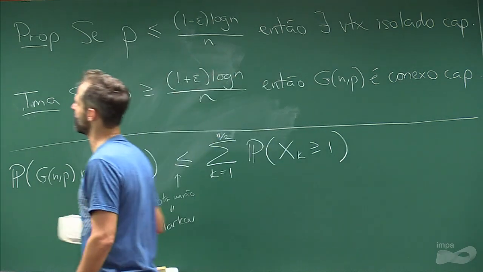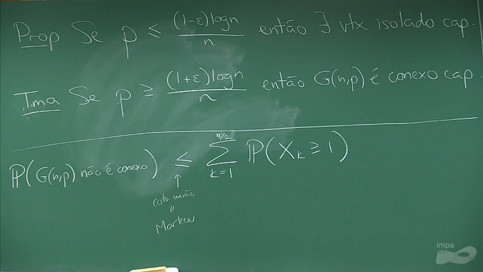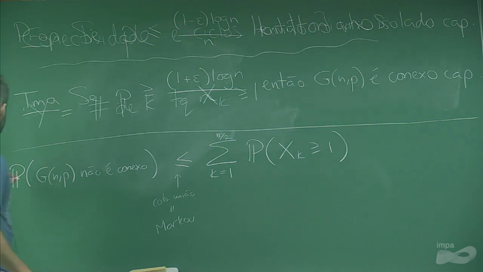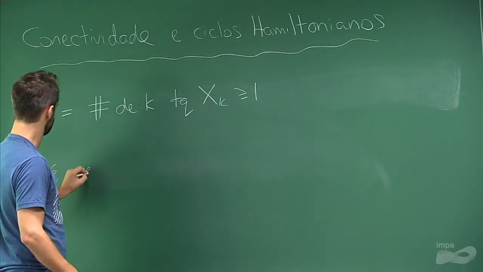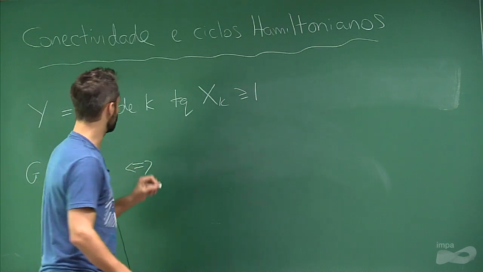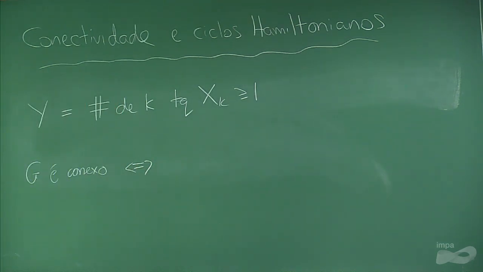Why is this an application of Markov? Well, let's apply Markov to Y, which is the number of k such that xk is at least 1. The event that G is connected is equivalent to what, by the observation?